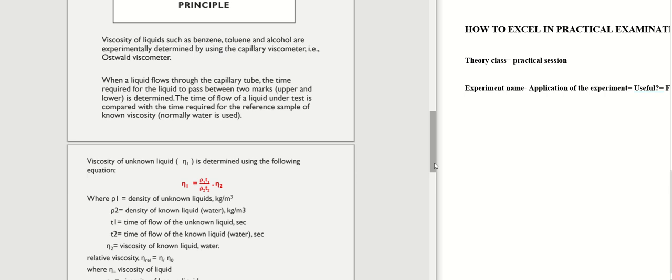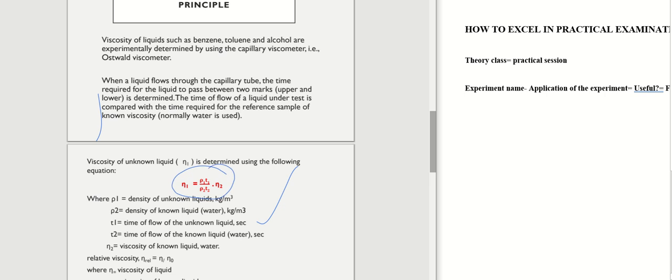Now from this principle, we would be able to see what actually happens during the travel of the liquid. Now we are checking the viscosity of the sample given. So we need to mention the formula that is related to this experiment especially. And we need to note down the expressions or the equations.